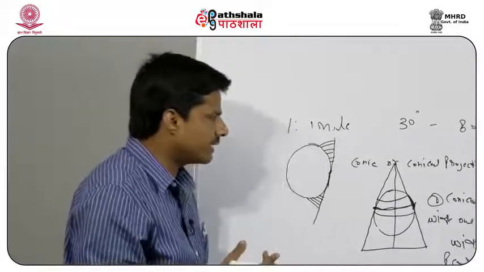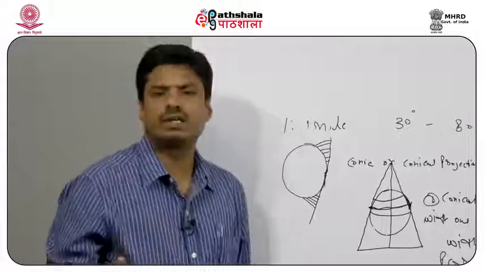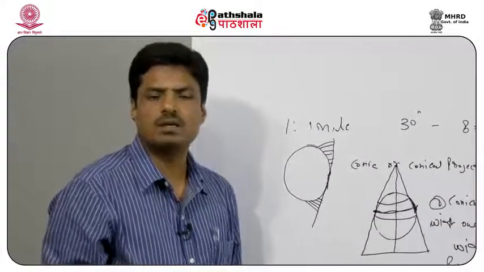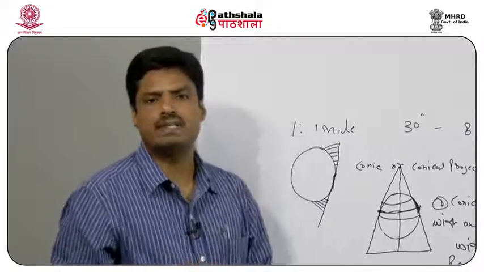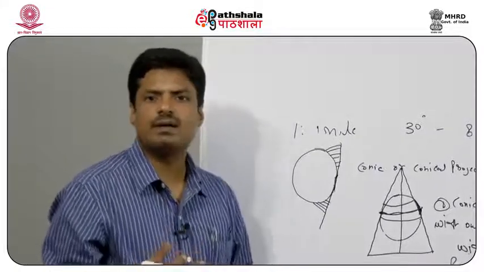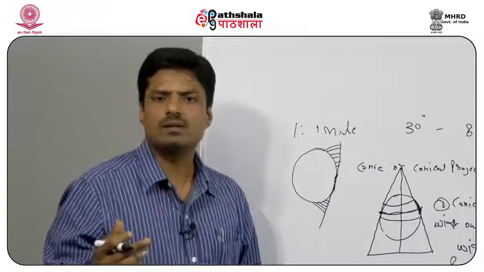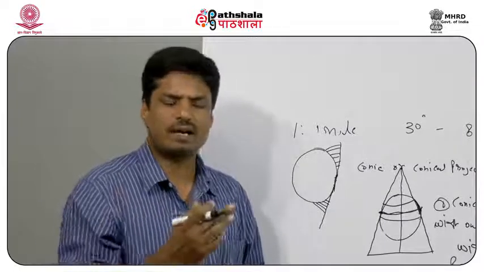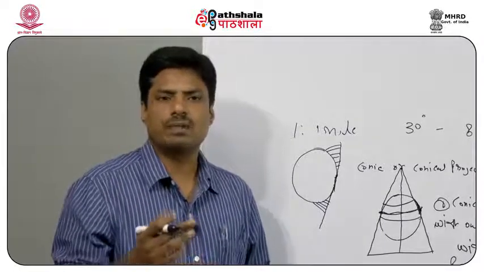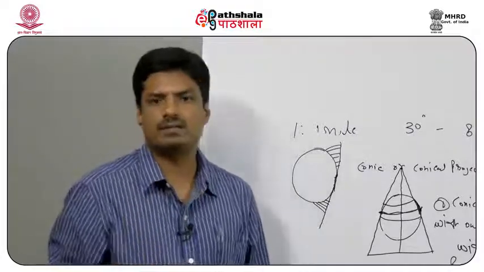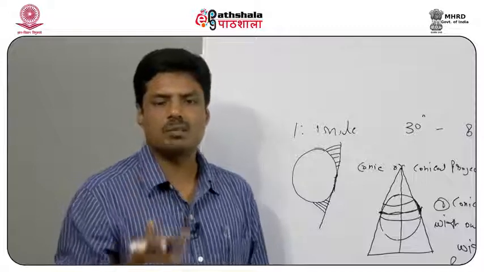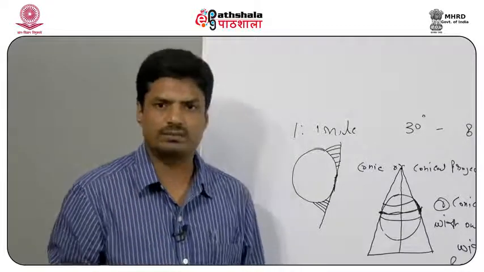The third important category of this conical projection is known as Bonne's projection. In Bonne's projection, basically we consider all the parallels as standard parallels, and all the meridians are supposed to be true to scale.